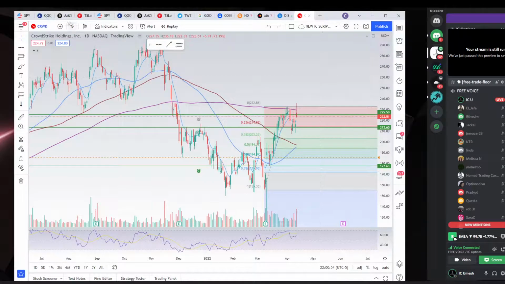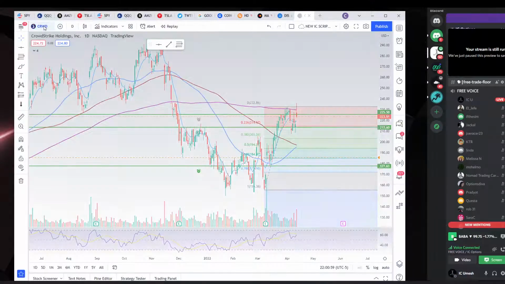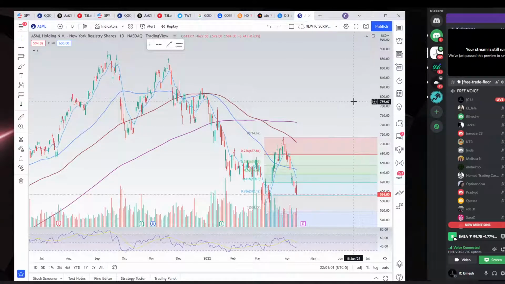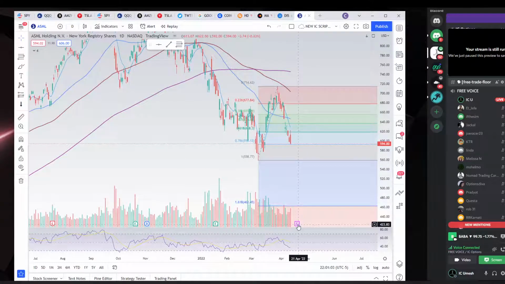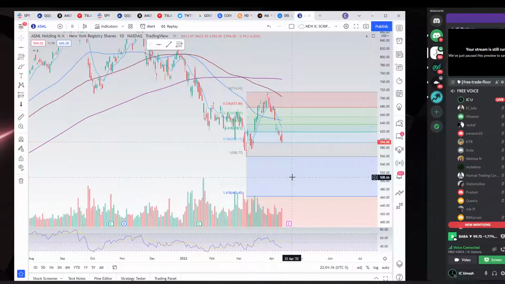Let's see, ASML. ASML has ER coming. Right now it is sitting very close to this fib support right here. This one is on a downtrend. There was decent sell volume today as well. Don't like it too much here.